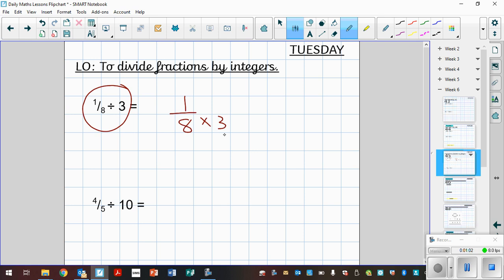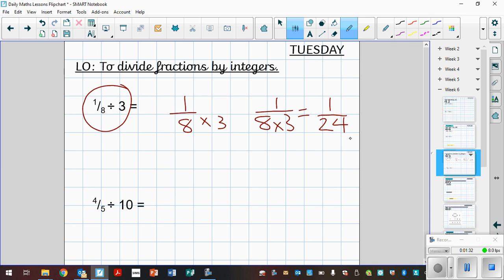So it would look like 1/8 times 3. So our numerator stays the same, and then we're multiplying the denominator by the integer. 3 times 8, 24. So 1/8 divided by 3 is 1/24. We can't simplify it because our numerator is already in its simplest form.